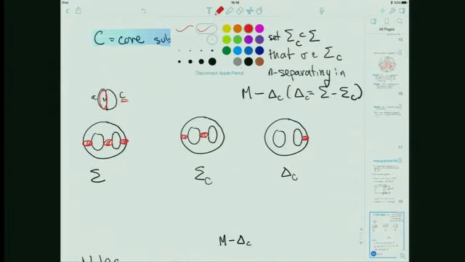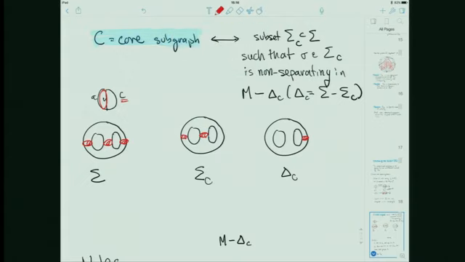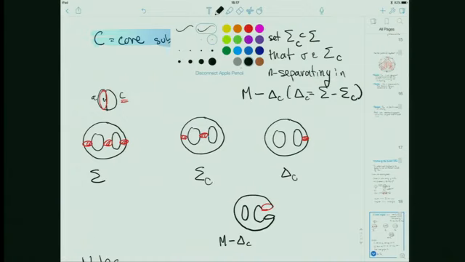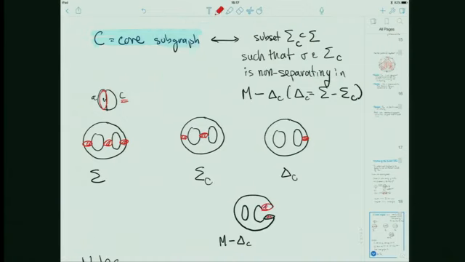Now if I take my handlebody and cut it open along that leftover sphere, then the fact that sigma is a core graph means that it's not supposed to have any separating edges.